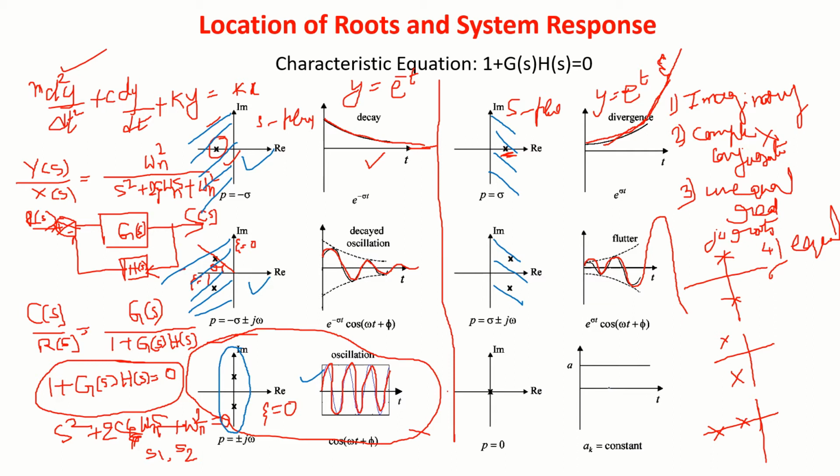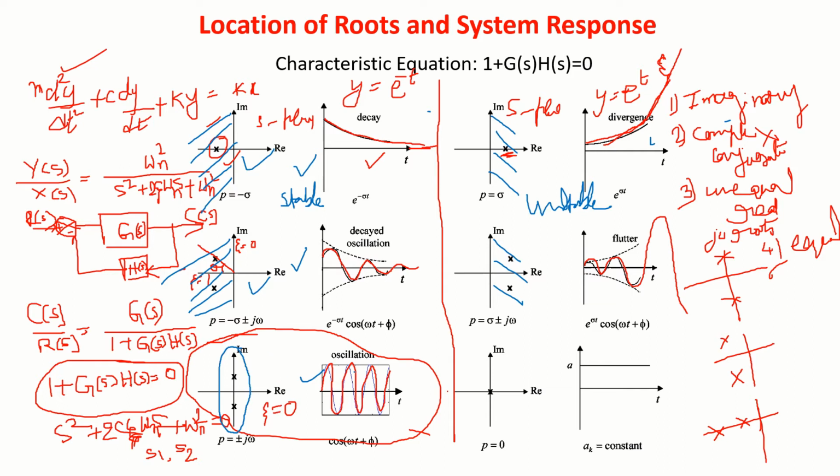So based on this, we can define stability of the system. You can say this system as well as this system are stable systems. These two systems are unstable systems.